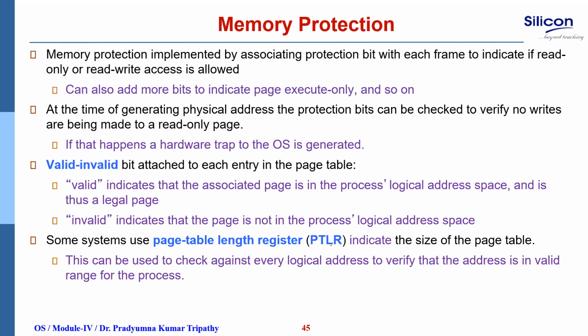What we have done over here, we can take a page table length register to keep the size of the page table. Along with that, we'll take a bit which is associated with each entry in the PMT, called the valid bit.